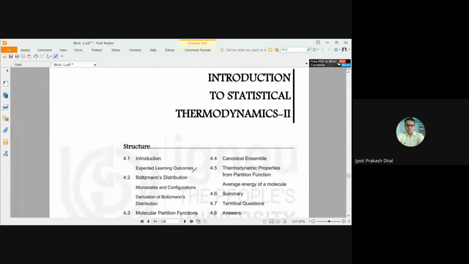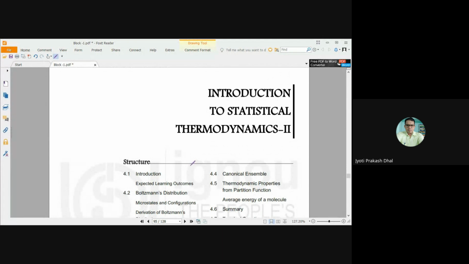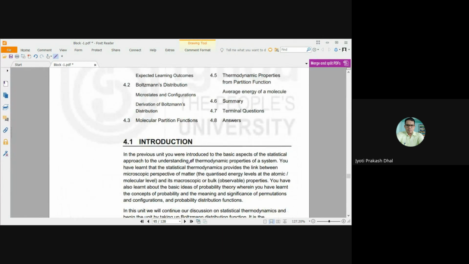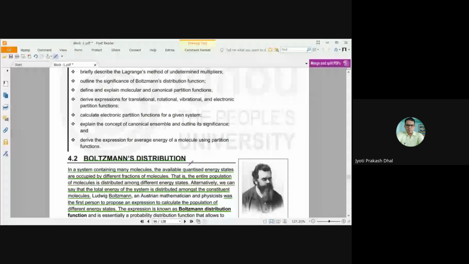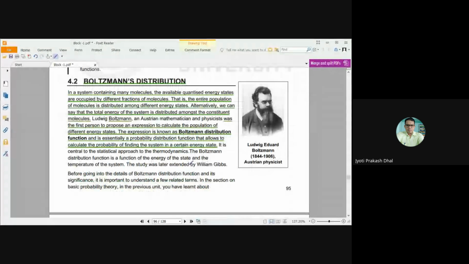Okay, so today we'll discuss statistical thermodynamics 2. In this part, first we'll discuss Boltzmann's distribution. So what is that? In a system containing many molecules, the quantized energy states are occupied by different fractions of molecules.